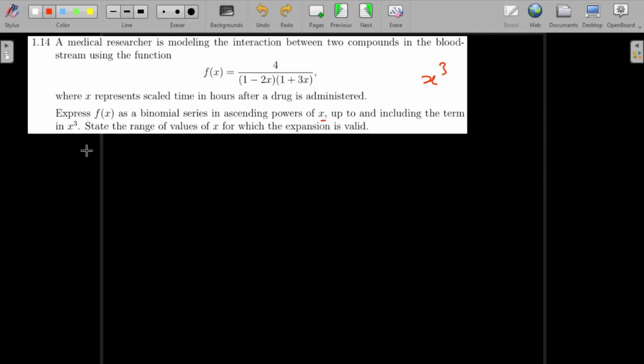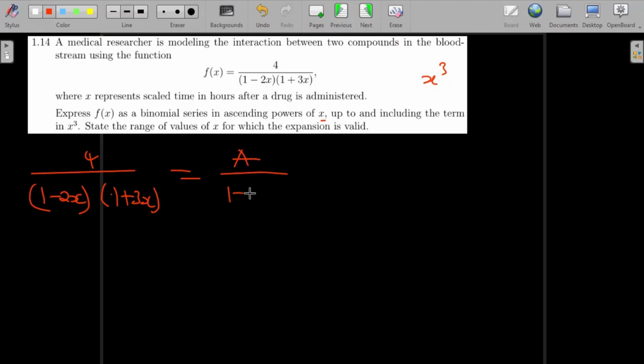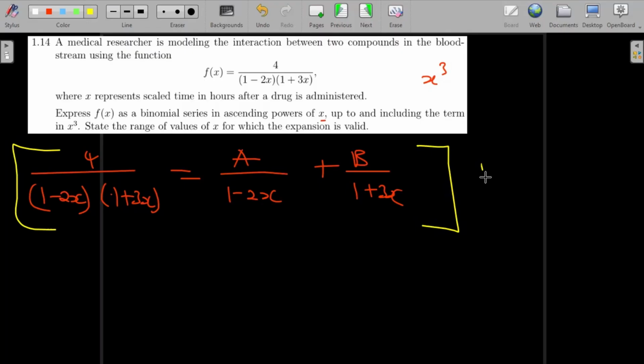Okay, so I'm going to get this guy, 4 over (1 minus 2x)(1 plus 3x). We resolve it into partial fractions. So this is just going to be A over 1 minus 2x plus B over 1 plus 3x. Okay, so from here, we're just going to multiply everything by the denominator that we have on the left, so (1 minus 2x)(1 plus 3x).